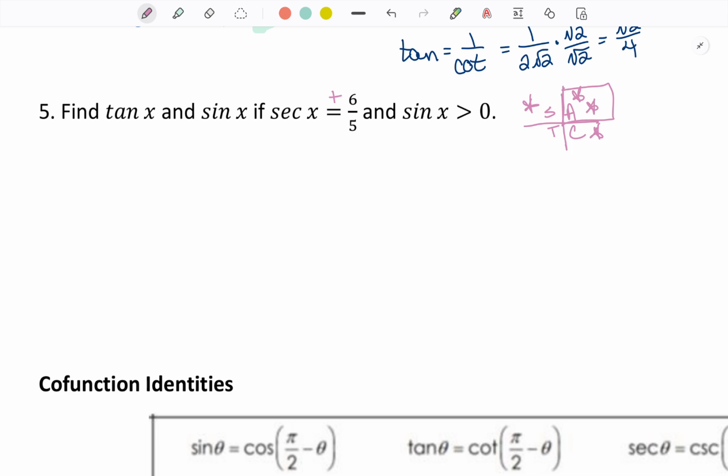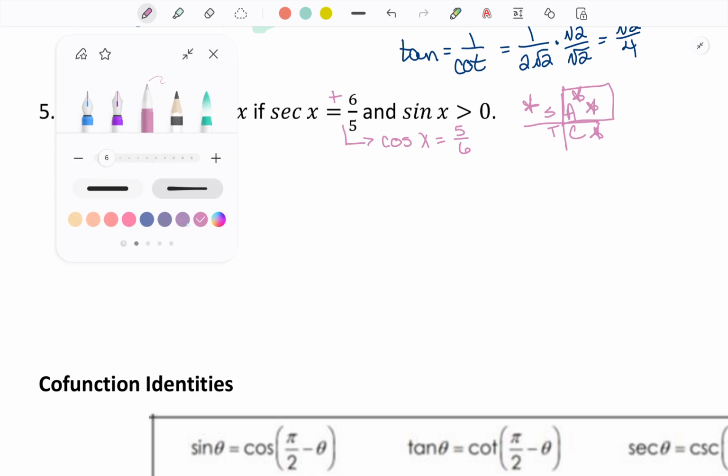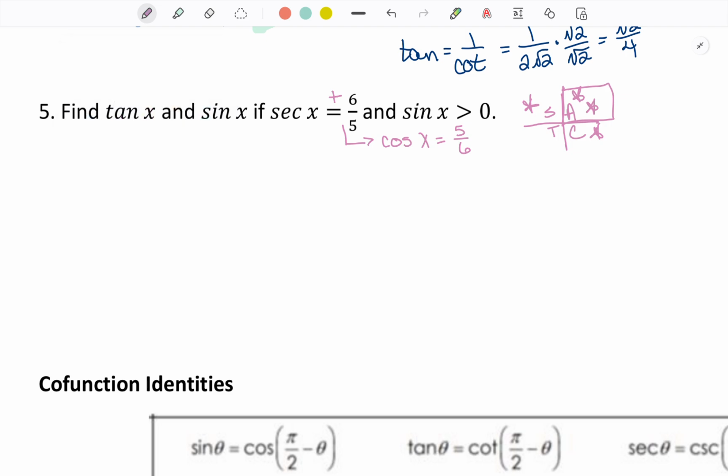Another thing that we also know is that secant, if it is 6/5, then that means that cosine theta, or cosine x, is equal to 5/6, which could be helpful when using those Pythagorean identities. So we are going to go ahead and try to find our tangent first. So we know that tangent squared x plus 1 is equal to secant squared x.